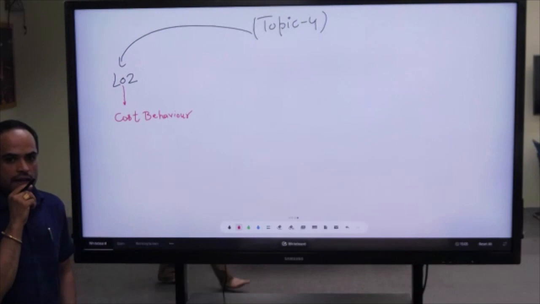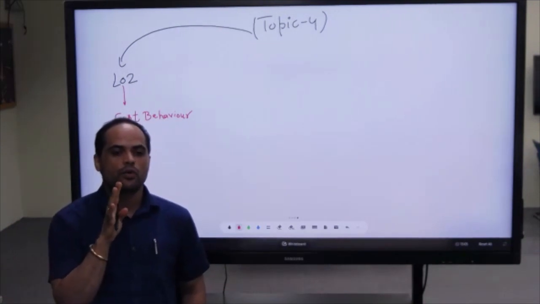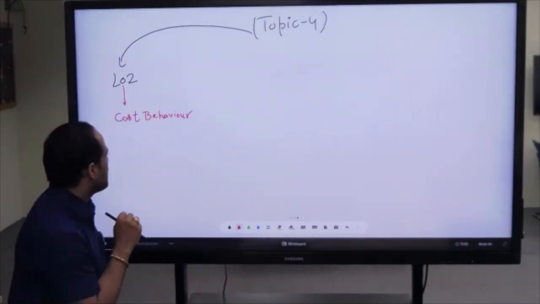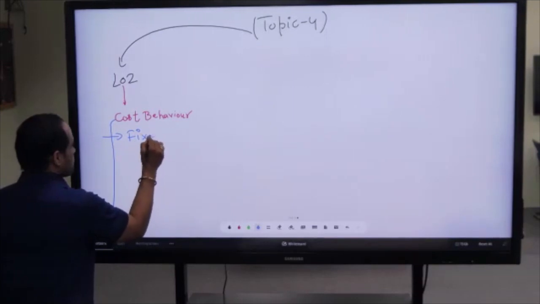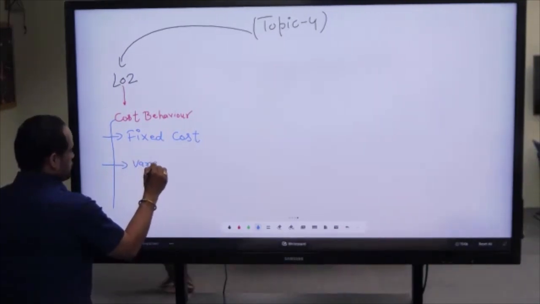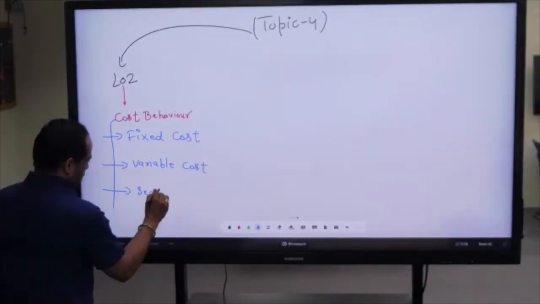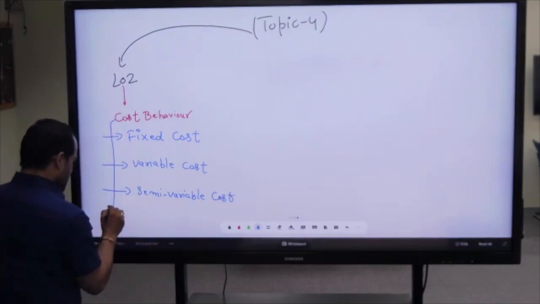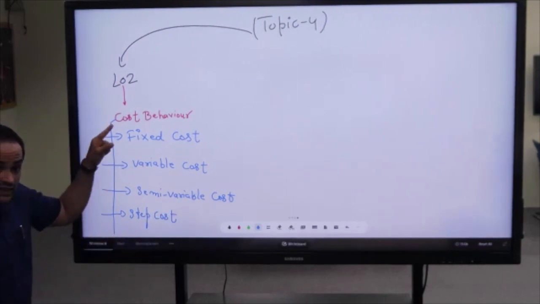Cost behavior is divided into 4 types of costs that I already told you: fixed cost, variable cost, semi-variable cost, and step cost.